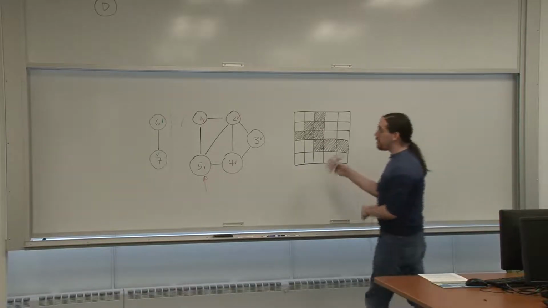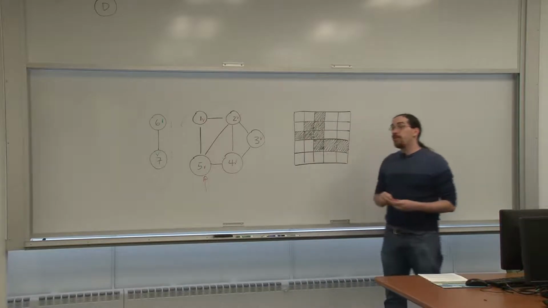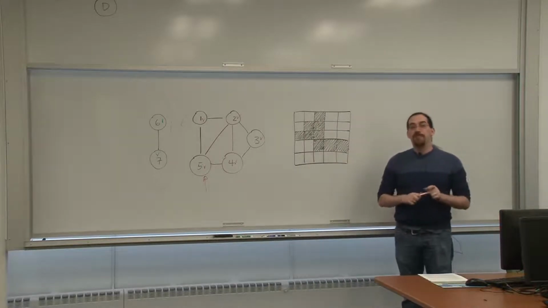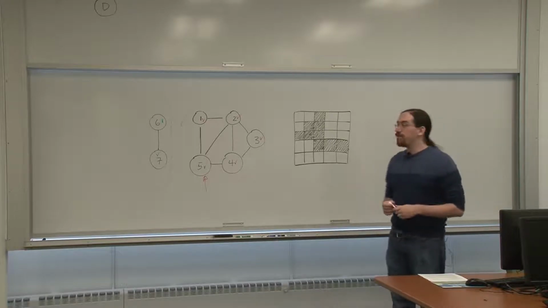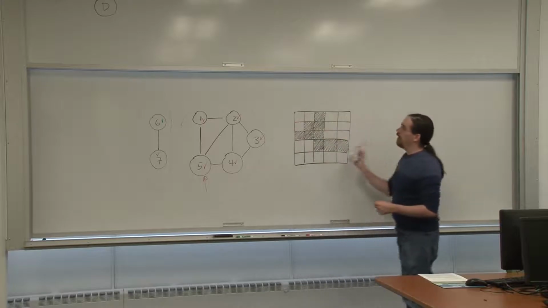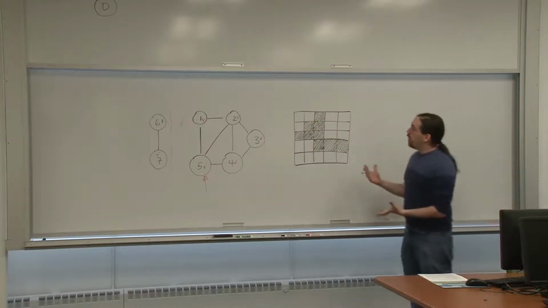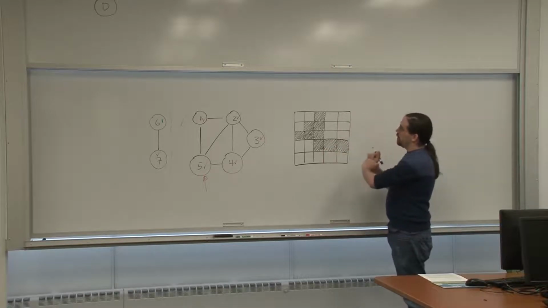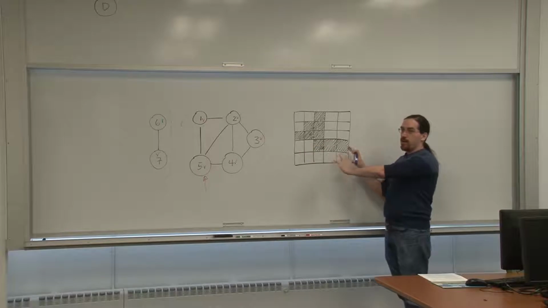So one particular instance of this problem that's very common if you're working with image data is called the flood fill problem. Usually what you're working with is a grid of pixels, or a grid of something, where the question is, how many white regions are there on this grid?